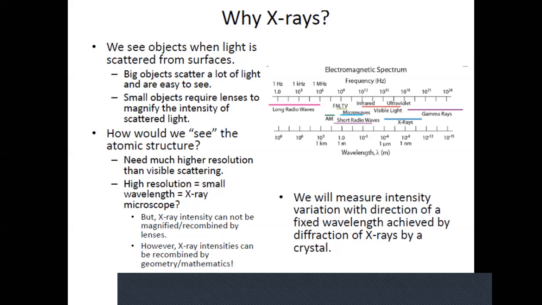So when we use X-rays, as we'll see in just a little bit, we only use one particular wavelength of X-rays. And you'll notice that when we generate X-rays, we generate multiple different types of X-rays. So some of those will have to be filtered out so that we only get the characteristic X-ray that we're looking for.